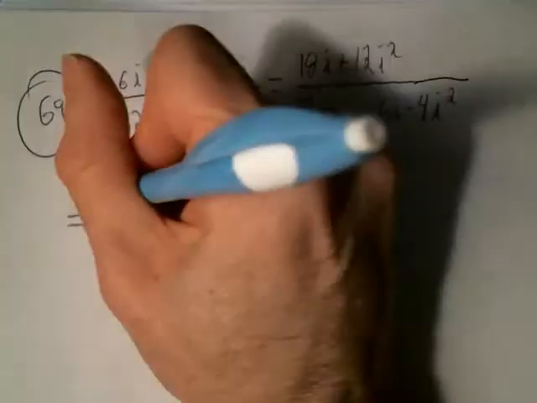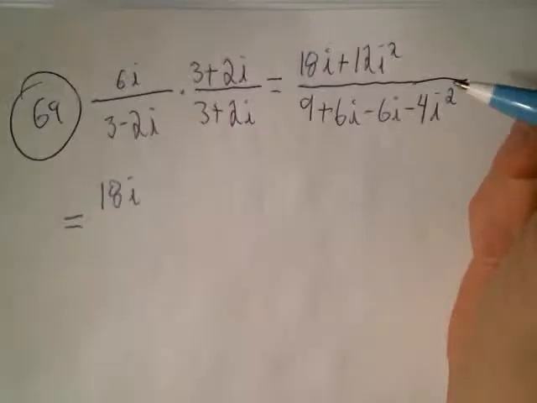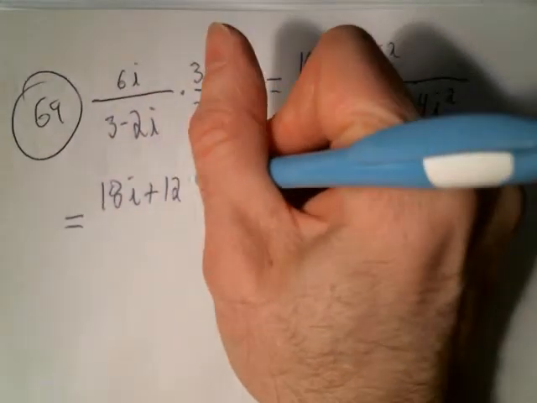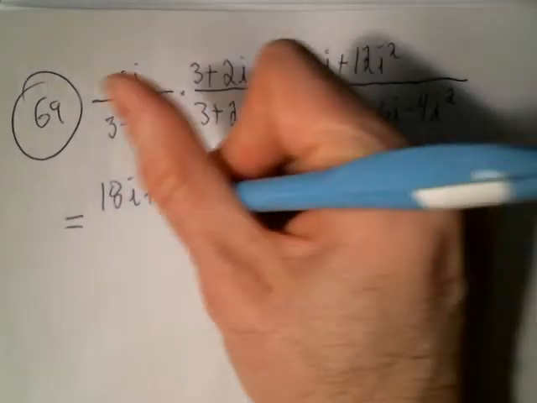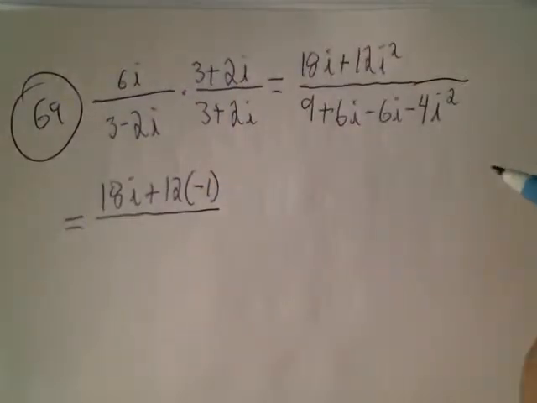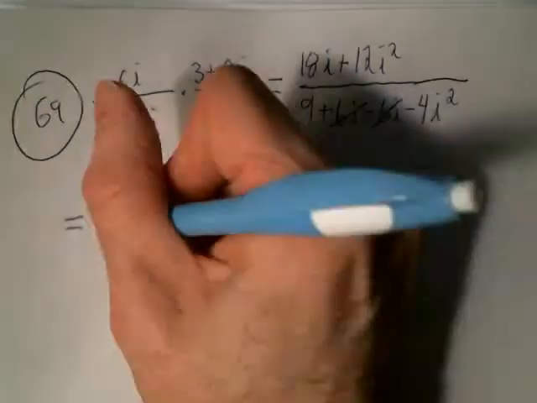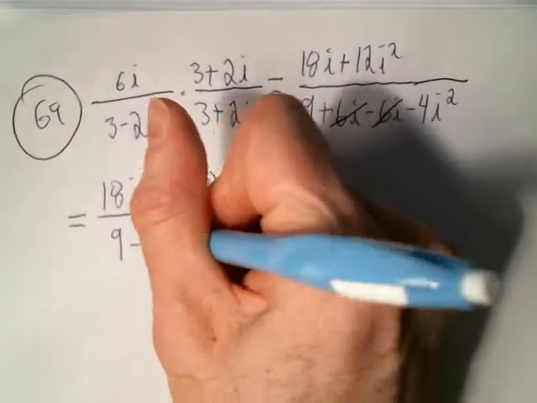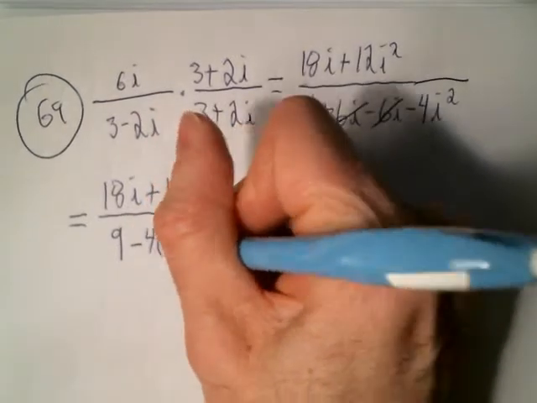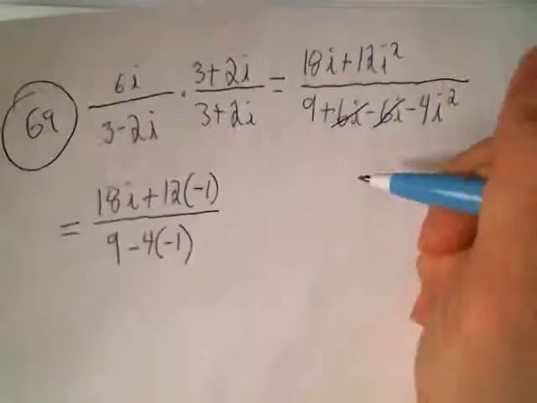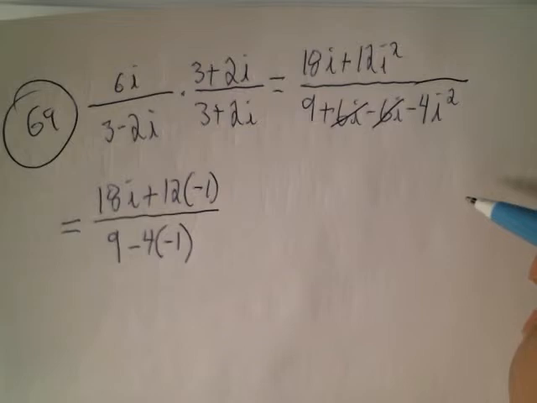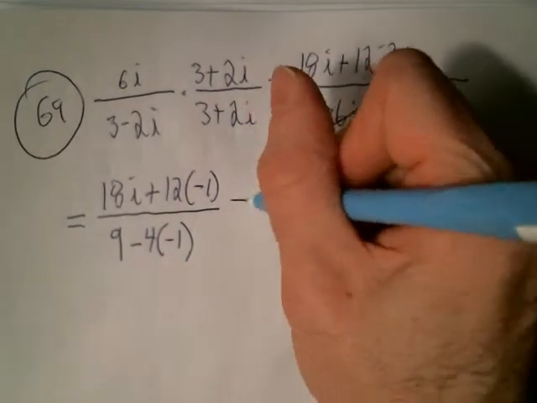In the numerator, I'll have 18i plus 12 times i squared, which is negative 1. And in the denominator, the 6i's are additive opposites. And then you'll have 9 minus 4i squared. And of course, i squared is negative 1. I'll simplify more.